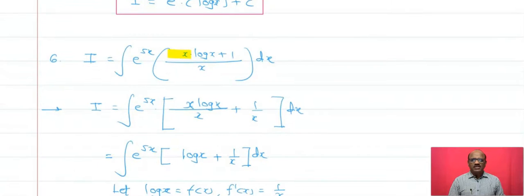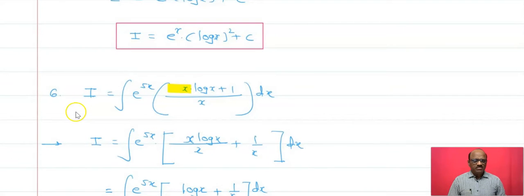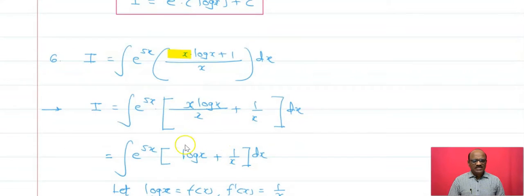Now the question number 6, I is equal to the integral of e raised to pi x. I had modified this question here. Instead of pi x, I have written (x log x plus 1) upon x, complete, into dx. Now split this up. That is, integral e raised to pi x (x log x upon x plus 1 upon x). Now this x gets cancelled.